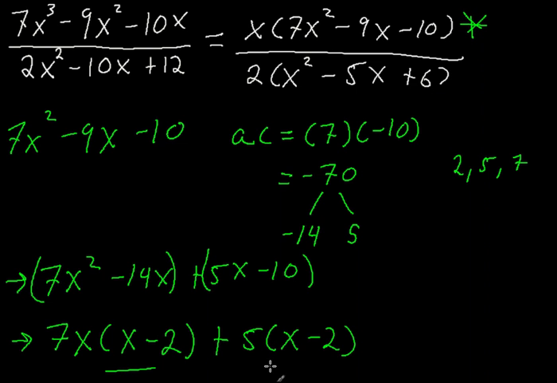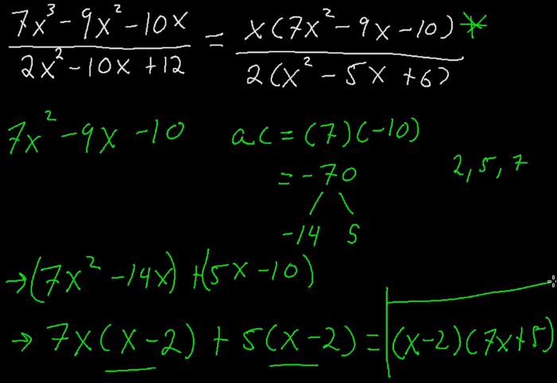Look at that, those are the same, so we can factor those out: x minus 2, 7x plus 5. Okay, so I just found out what this should be up here.